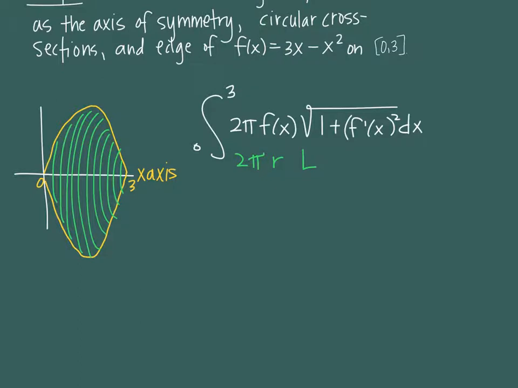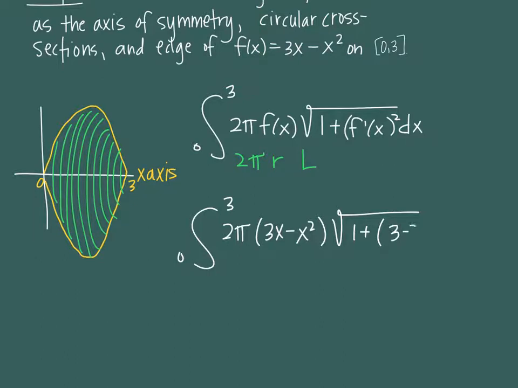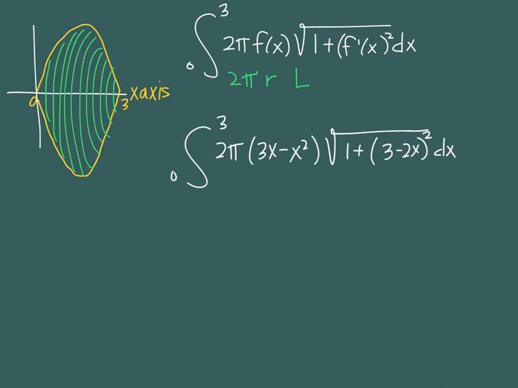All right, so we've got 0, 3, 2 pi. f of x is 3x minus x squared. And then the square root of 1 plus the derivative of that. And the derivative is 3 minus 2x quantity squared dx. Let's pull 2 pi out to the front. It's a constant.